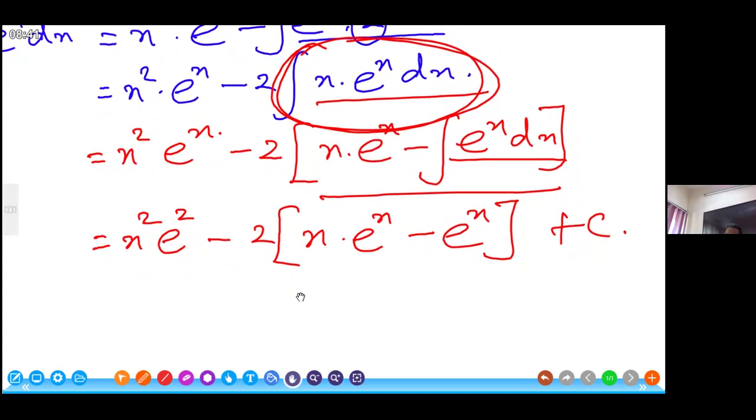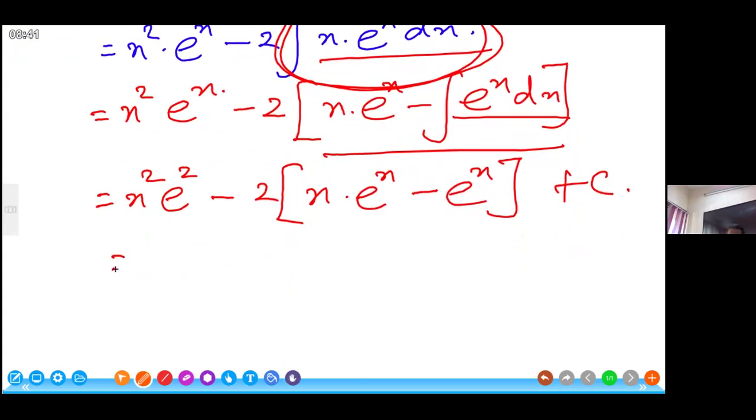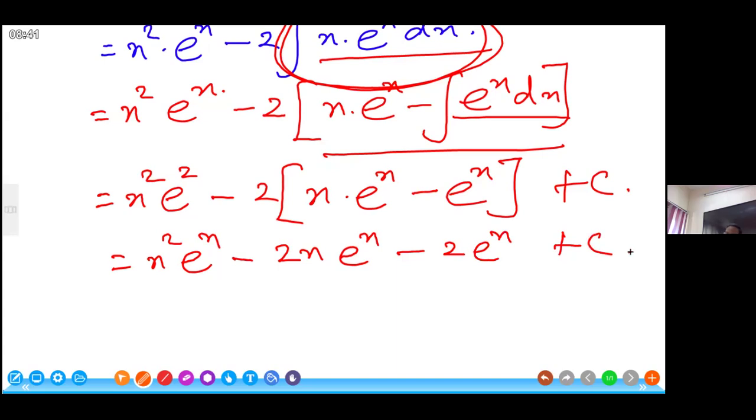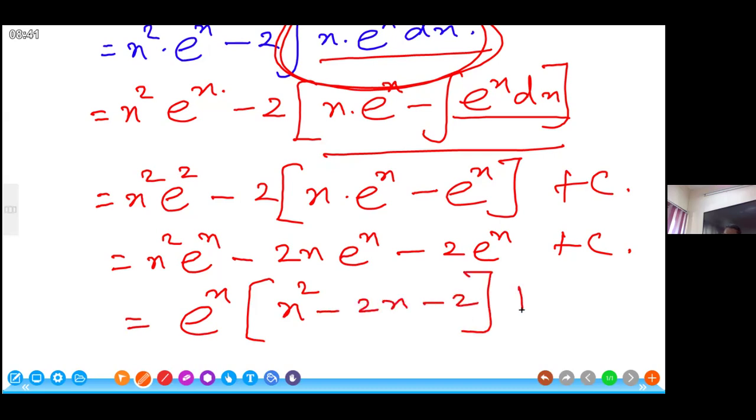So we could expand it: x squared e to the power x minus 2x e to the power x minus 2 e to the power x plus c. So we could take out e to the power x, then we can write it as x squared minus 2x minus 2, plus c.